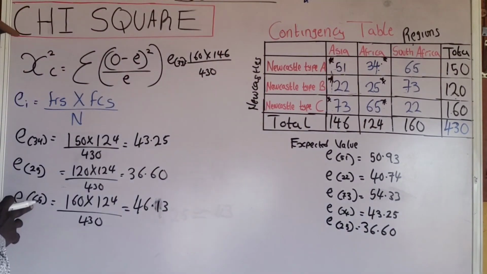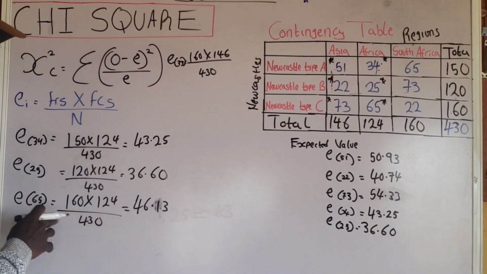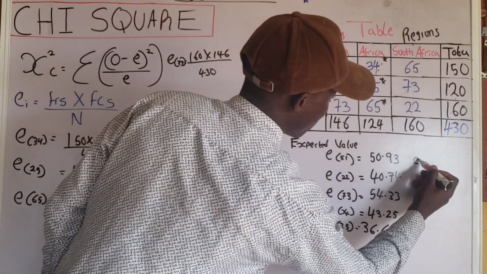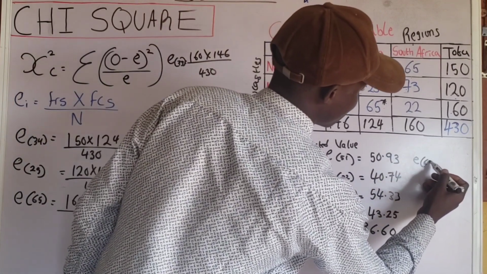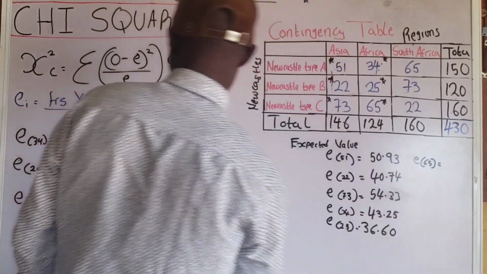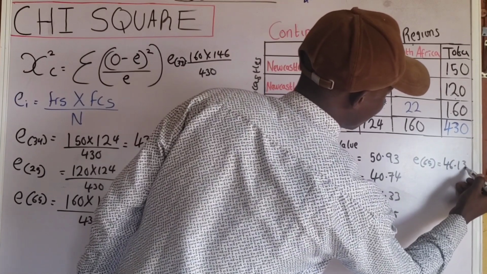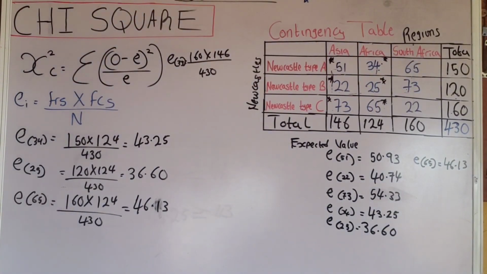Then for 65, that is 46.13. So let me just put it here. For 65, it is 46.13. You understand? Okay. Now let's proceed.